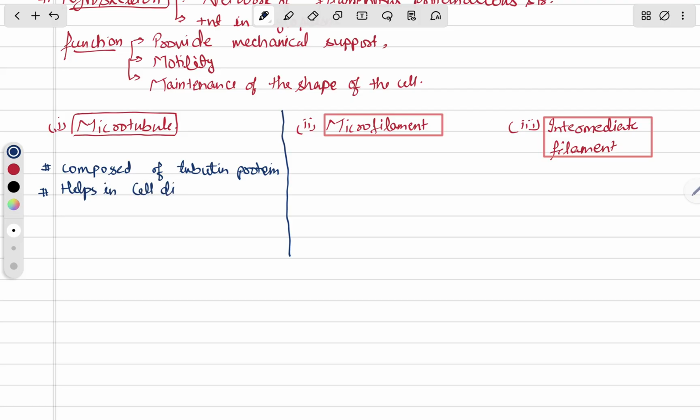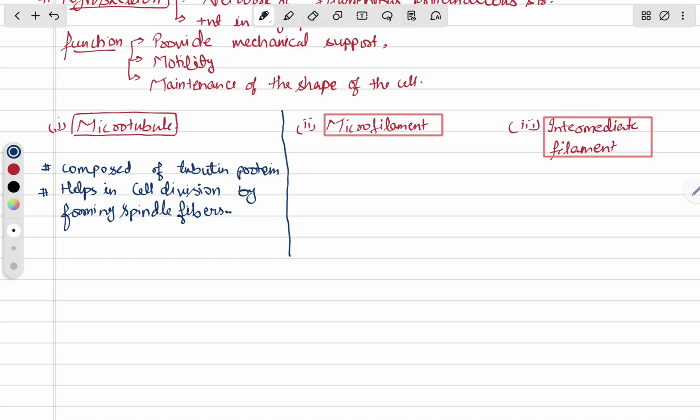How does it help in cell division? By forming spindle fibers, right? So that is the function of microtubule.